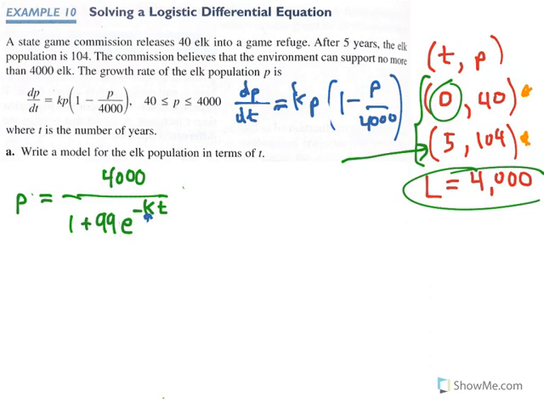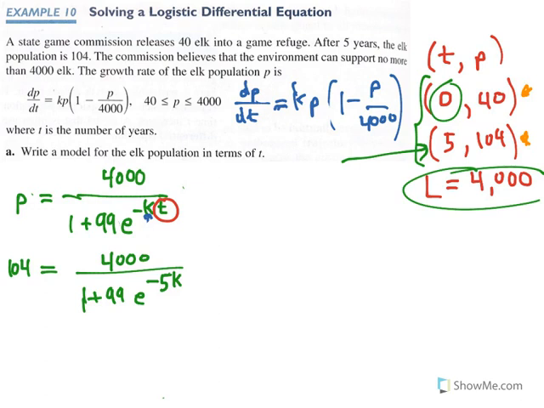So we will go ahead and substitute 104 for the population, and we will substitute 5 for T. So e to the negative K times T, or negative 5K, because I'm substituting 5 for T, and I'm solving for K here. So it should not be negative 5T, it should be negative 5K, because I'm substituting 5 for t and I want to solve for k.